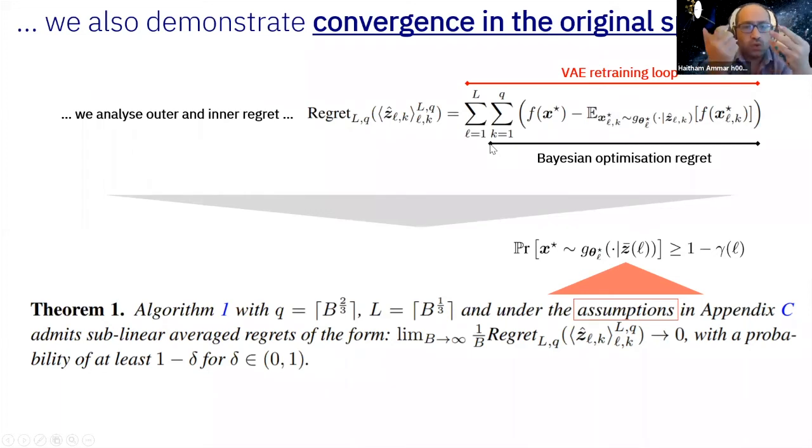So we assume that there is an improvement of the recovery property of the input domain of the VAE as data comes in, or as we do weighted retraining. Now, that assumption is less restrictive than assuming that at every iteration the VAE has the capability to reconstruct X star for you. But it's still an assumption.